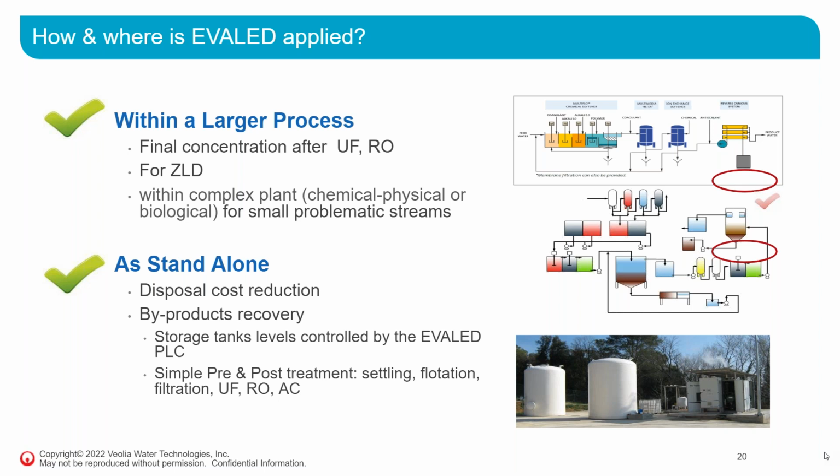If you're using it in a wastewater application, that concentrate stream could feed an evaporator for ZLD or near ZLD applications, or within a complex plant with physical, chemical, or biological processes, where it can help with a small waste stream or small process. Where we typically see it, though, is as a standalone for disposal cost reduction or some byproducts recovery.